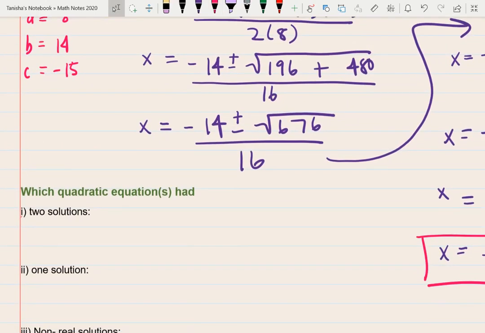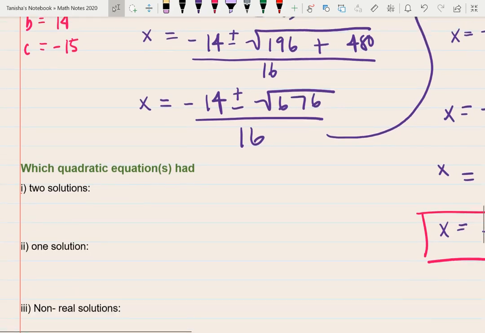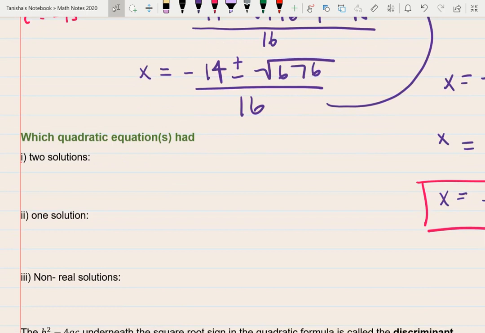Okay, the last thing that we are going to be looking at is the number of solutions for each. There is a pattern when using the quadratic formula to identify which quadratic equation has one solution, two solutions, or no real solutions.